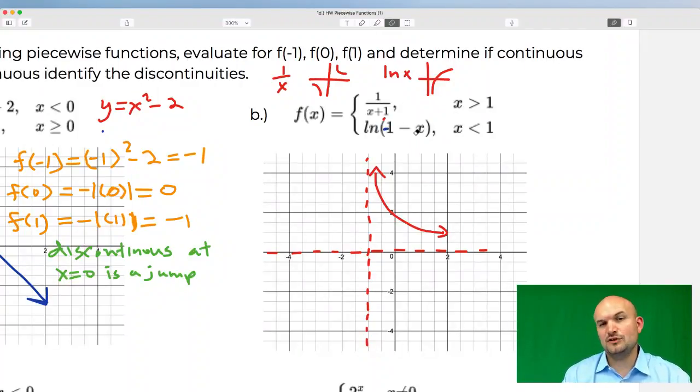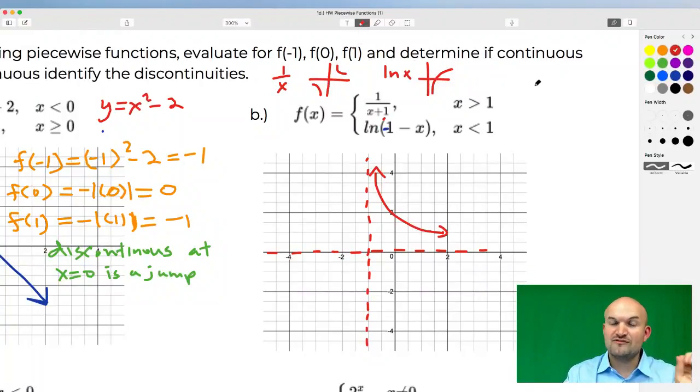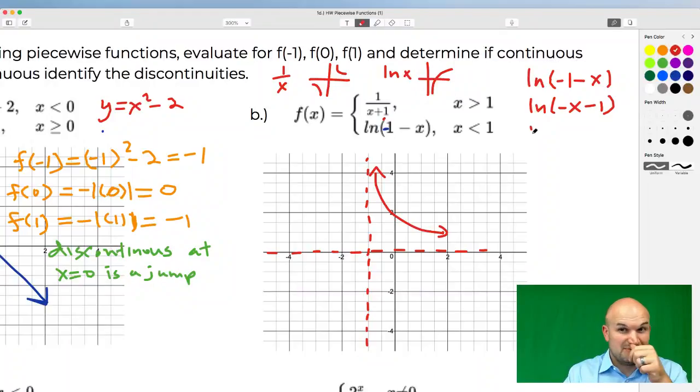The next one is kind of a little tricky as far as identifying the transformations. And if you remember in our transformations lesson, we talked about factoring out that b when you have a b and a c. So really, ln of negative 1 minus x can be rewritten as ln of negative x minus 1, which can be rewritten as negative x plus 1.